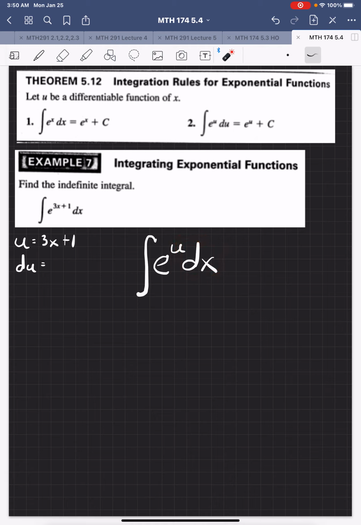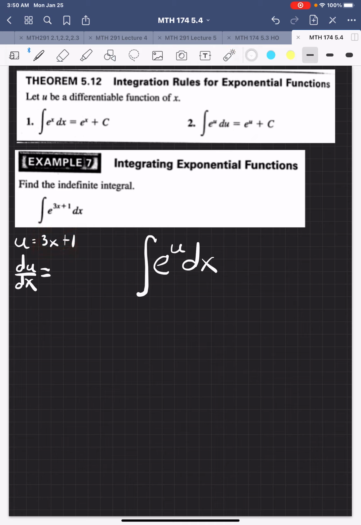Well, how do we do that? Let's go back over to our definition. If u is equal to 3x plus 1, then du dx, that's just like dy dx, the derivative of u with respect to x. Let's do that real quick. What's the derivative of 3x plus 1?